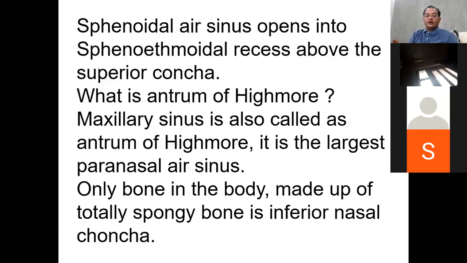So the only bone in the body made up solely of spongy bone is the inferior nasal concha, which is an independent bone, and it is counted independently in our 206 bones. While the superior nasal concha and middle nasal concha are part of the ethmoid bone.